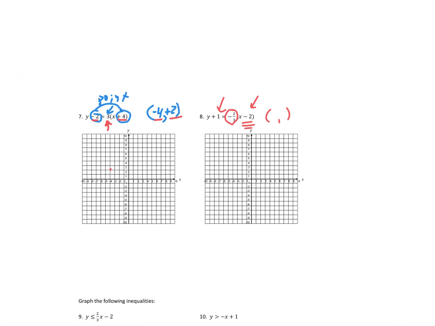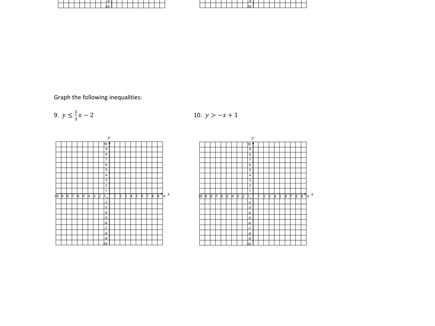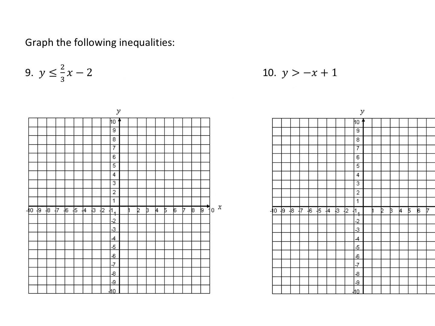Another kind of problem I want to show you. This kind is exactly the same, except at the end you shade it. Same exact thing. There's a y-intercept, -2. Then I go rise 2 and run 3, and I put a dot. Rise 2, run 3, I put a dot, and then I draw my line through that.